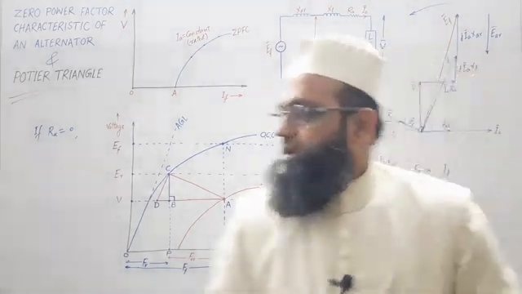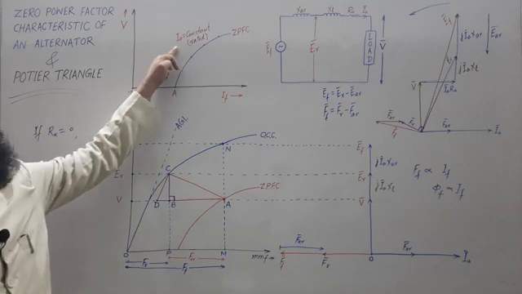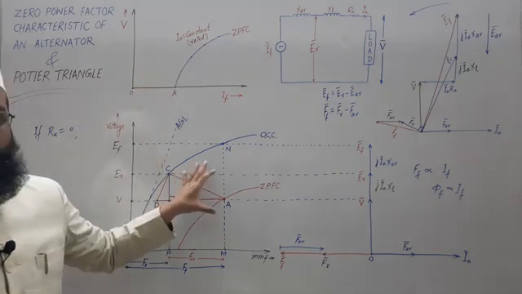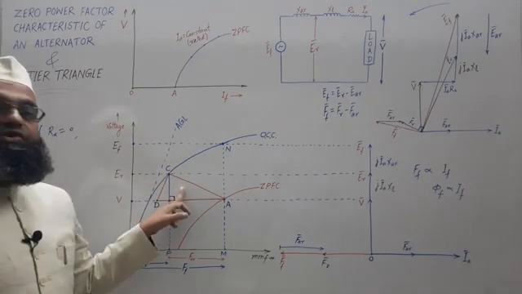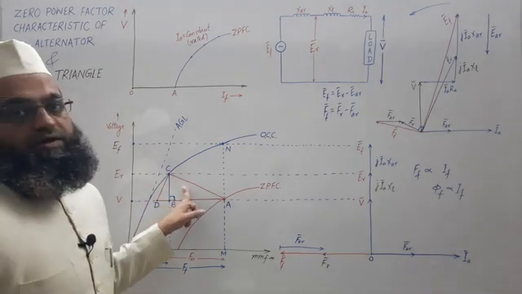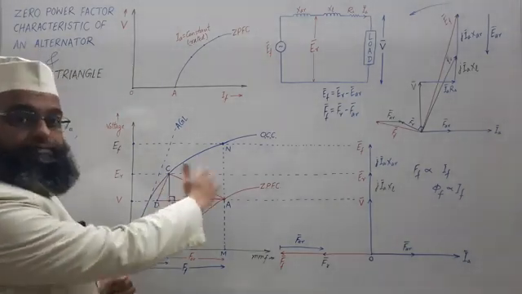If we maintain armature current at its constant value with this assumption of RA equal to 0, the size of this Potier triangle remains constant, hence it can be shifted parallel to itself.